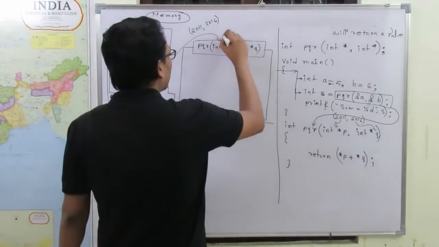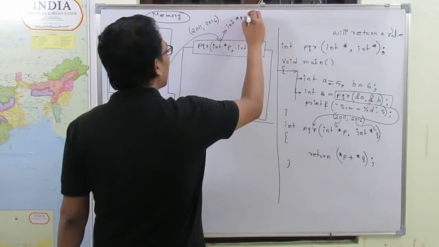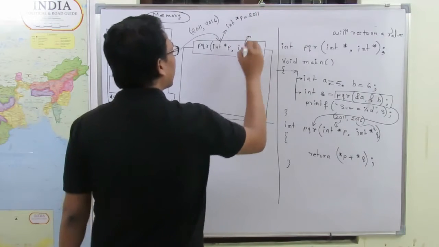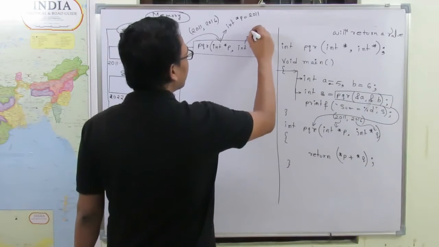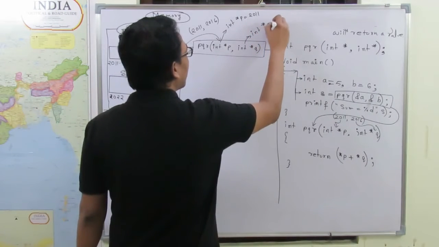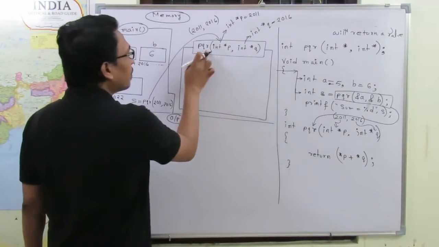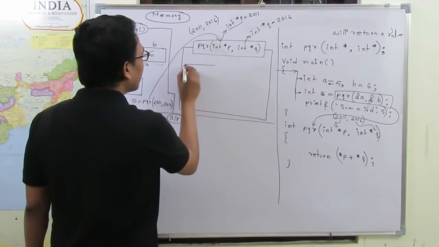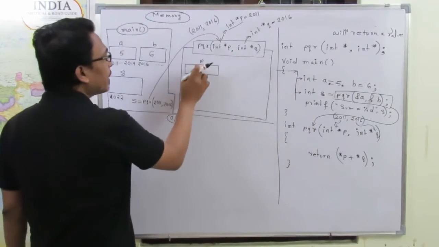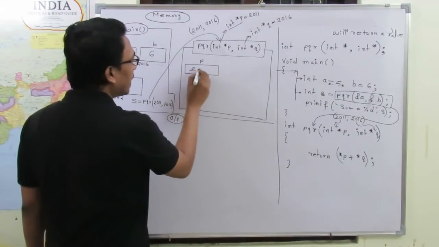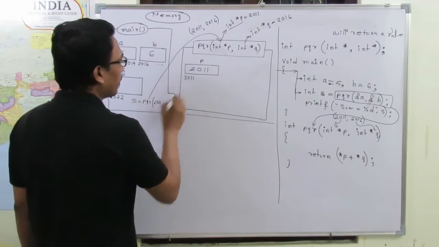Now the first statement becomes int *p = 2011, and the next argument will become int *q = 2016. That means inside this pqr function, a memory block will be created for the pointer p, and this memory block will hold the address 2011, and let's say the address of p is 3011.